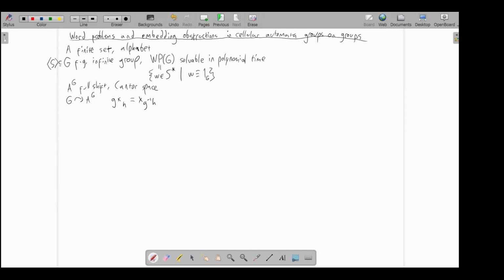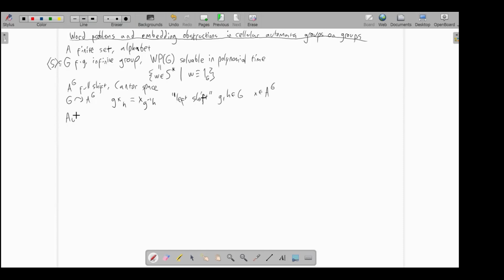So it's moving forward, even though we have G to the -1 here. And this is called a left shift. So in case my conventions are not the same as yours, G and H for me would be elements of G, and X would be an element of A to the G here. So that's the universe where our cellular automata will act.